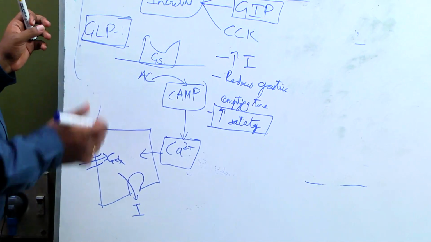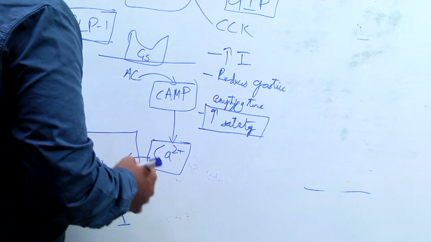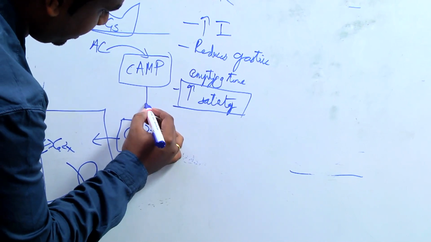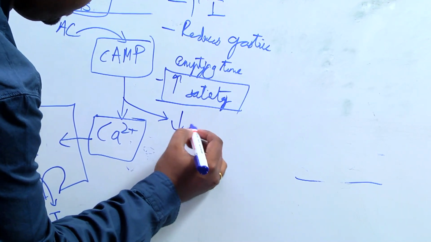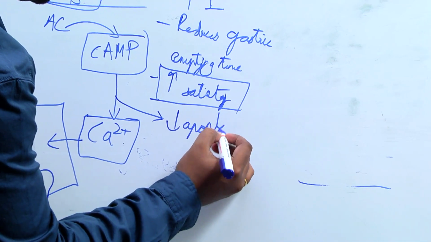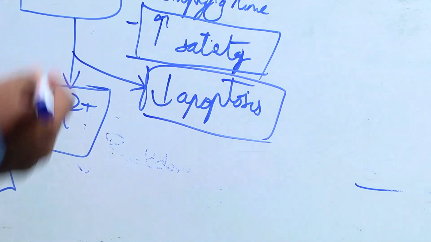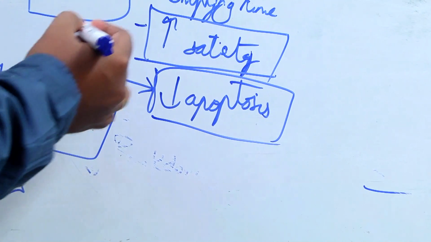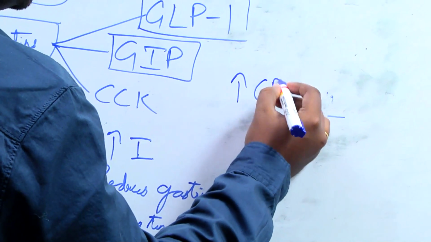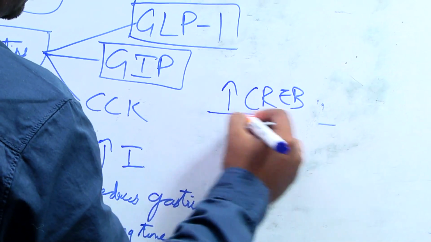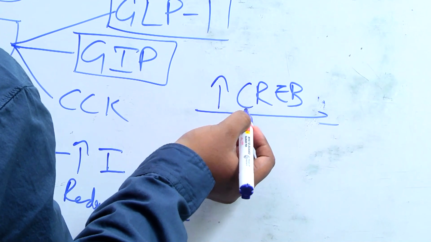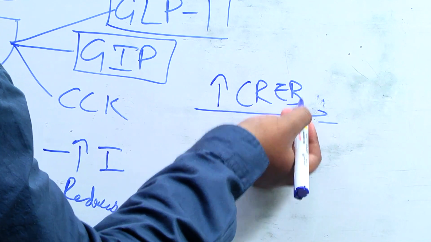So a good doctor should know these steps in detail, and a very good doctor should know that it also leads to decrease in apoptosis. So how does it reduce apoptosis? This increased cyclic AMP will lead to increased CREB, that is your cyclic AMP responsive element binding protein.